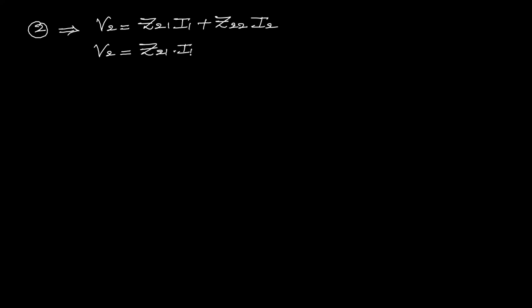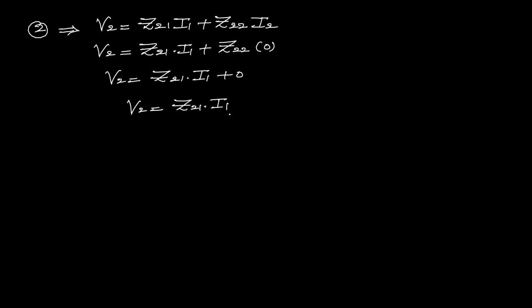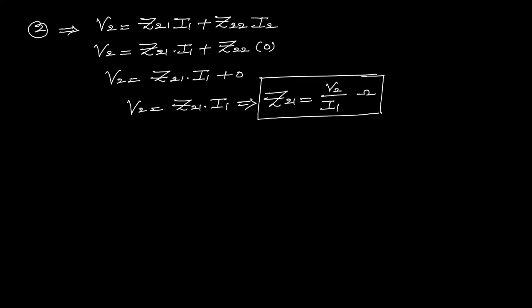Then V2 is equal to Z21 into I1, since the Z22 term is multiplied by 0. From this expression we can write Z21 is equal to V2 divided by I1, and this is always in ohms.